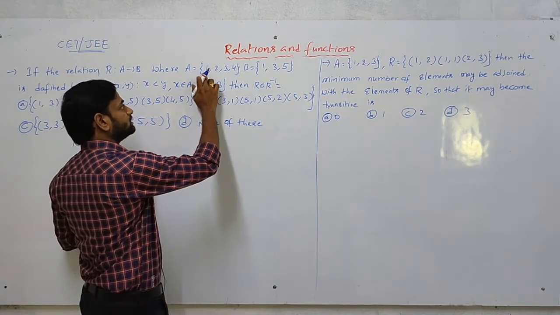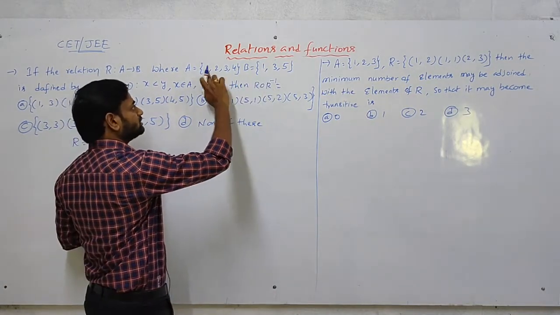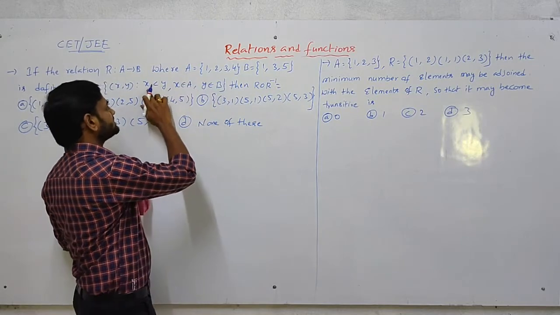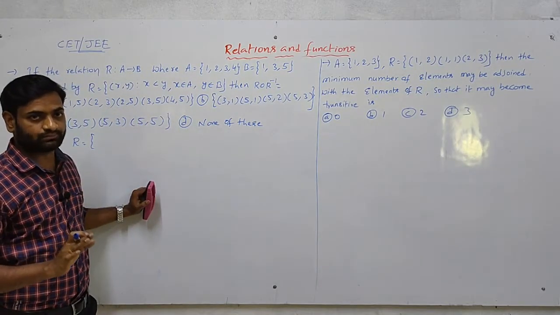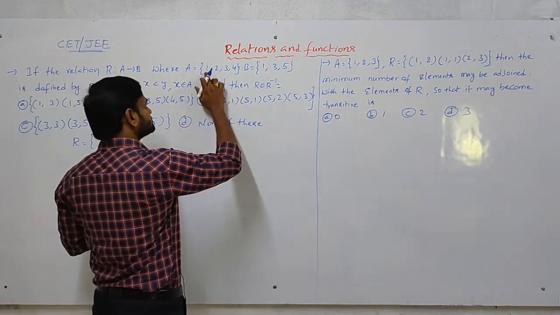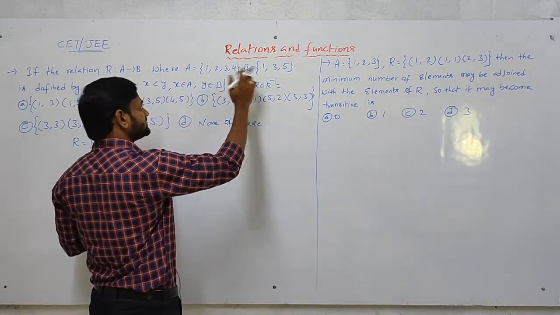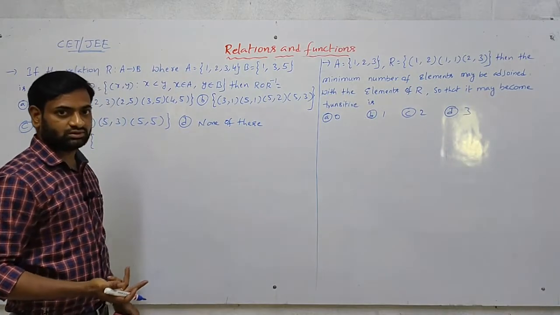So 1, here I am taking 1 comma 1. So the condition is 1 less than 1. There is no equal symbol here. The ordered pair is 1 comma 1. 1 is less than 1. Is it possible? No, it is wrong.